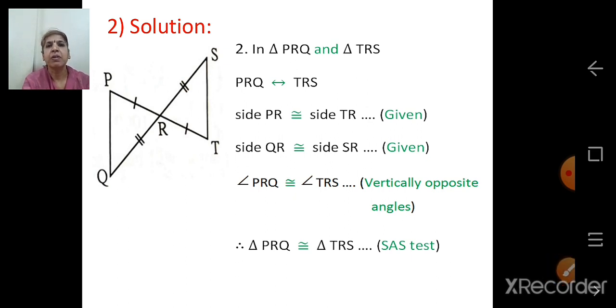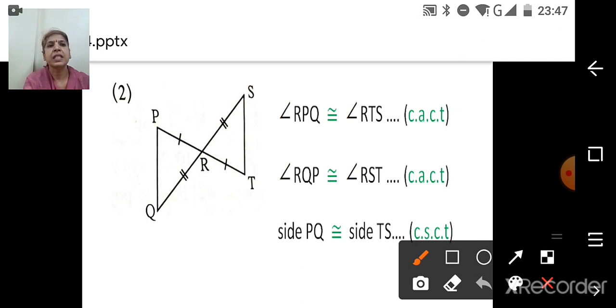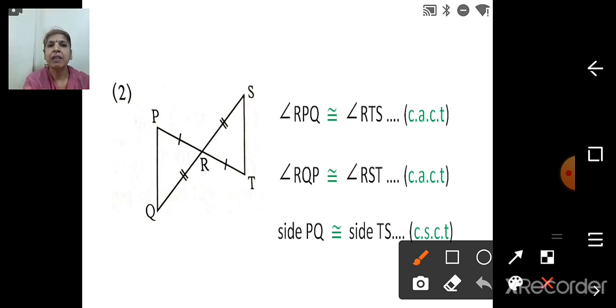Now what we have to do? We have to write the remaining congruent parts. Now for writing the remaining congruent parts, we have to check which parts are remaining. One angle we have taken, so still two angles are there. One angle is angle RPQ.